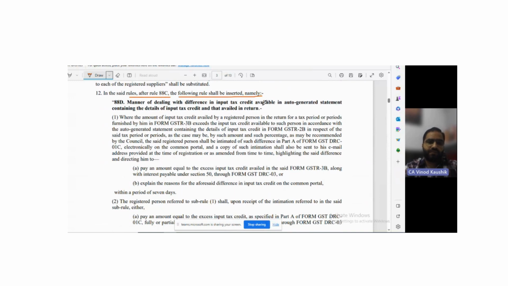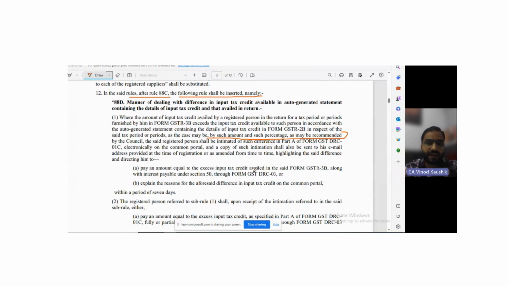The rule says that the amount of input tax credit availed by the registered person in the said tax period, furnished by him in 3B, exceeds the amount which is available in GSTR-2B in respect of the said tax period or periods, as the case may be, by, and this is very critical, such amount and such percentage as may be recommended.